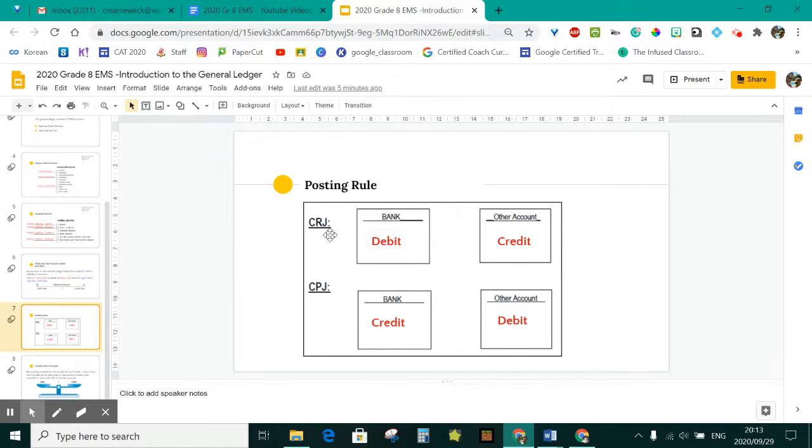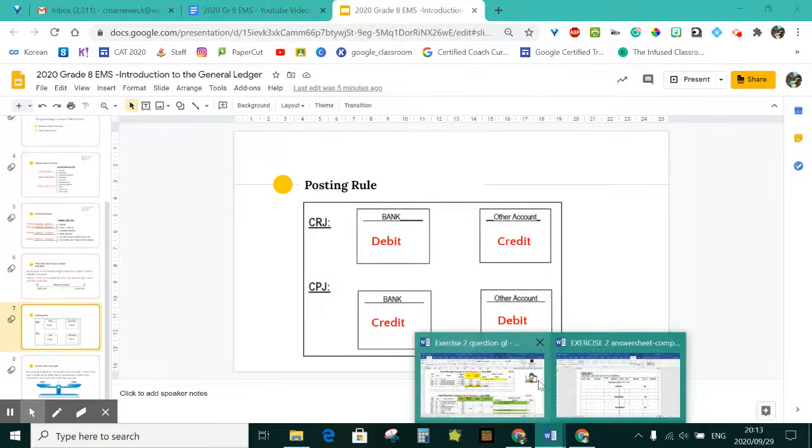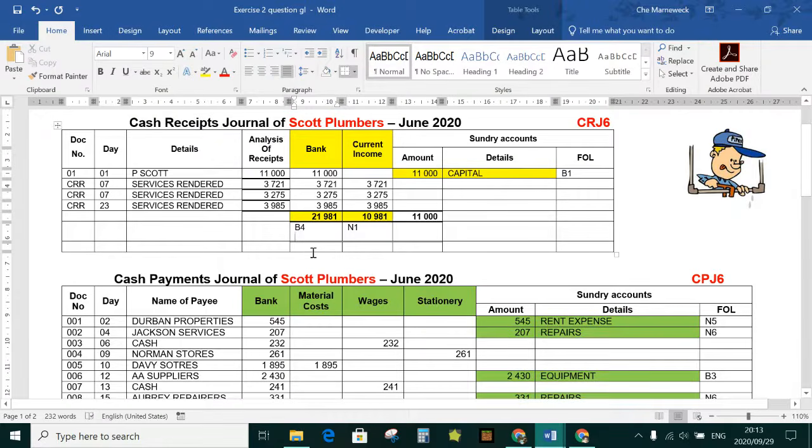If we post information from the cash receipts journal to the general ledger, we debit bank and we credit any other accounts in the cash receipts journal. So we go to the cash receipts journal, we are going to debit bank, DR, and we credit anything else in the cash receipts journal. So current income is credit and capital is credit.